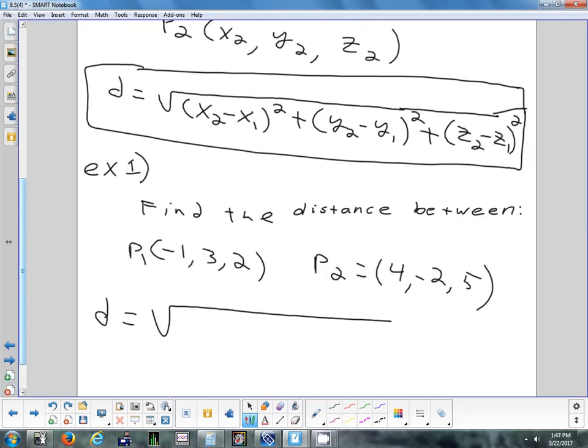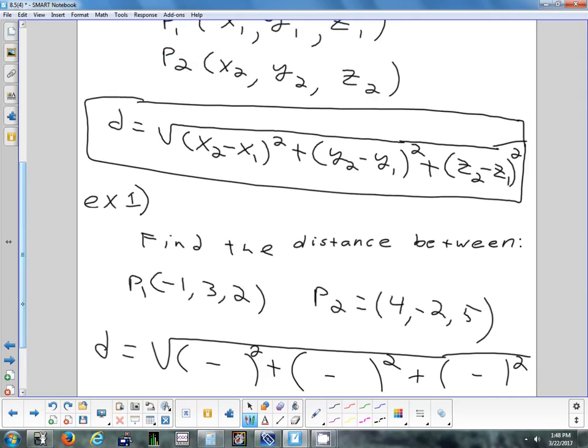So the distance is the square root of, I'm going to subtract two things and square it, subtract two other things and square it, and then plus, subtract two more things and square it. Now let's just fill in all 6 numbers. Ethan, what would I fill in for my first 2 numbers that I'm going to subtract?